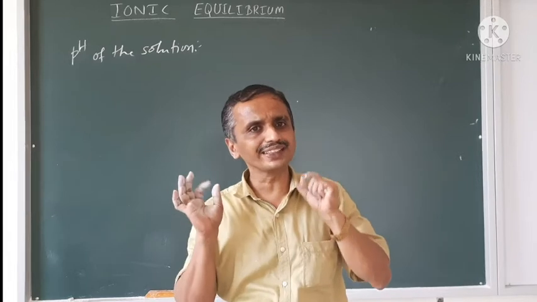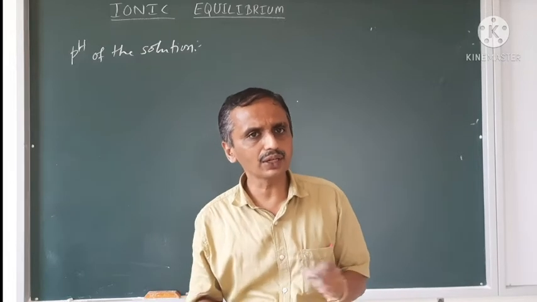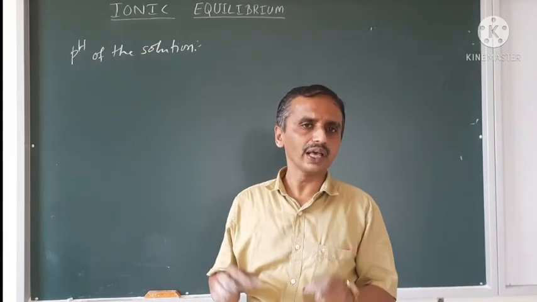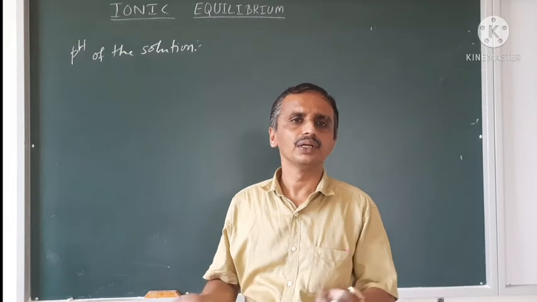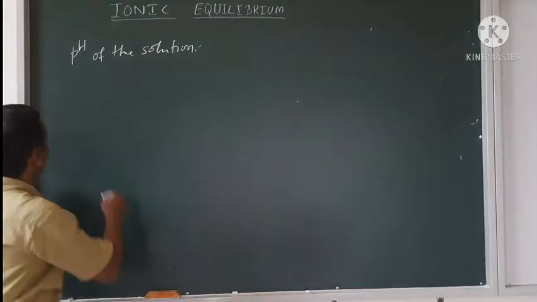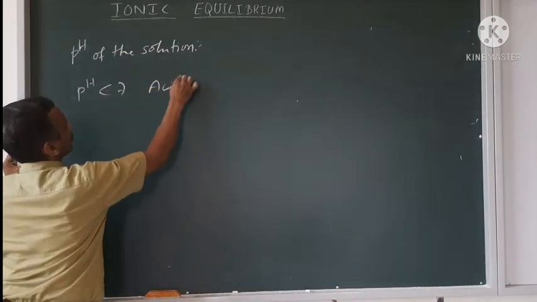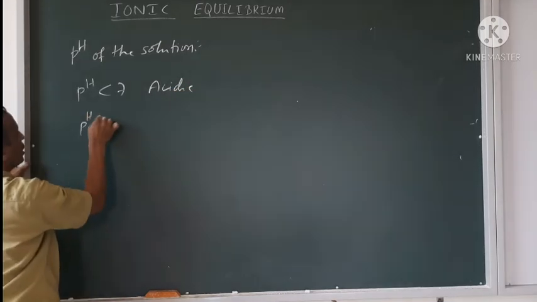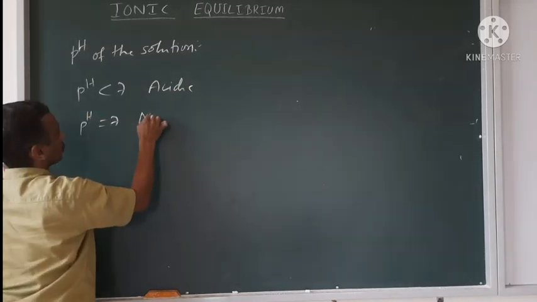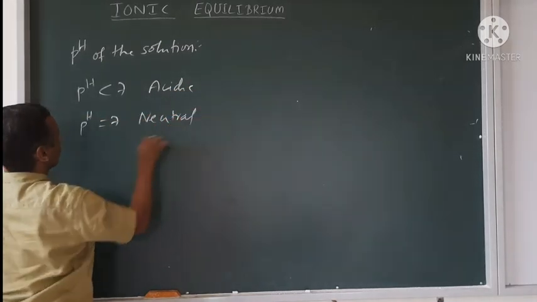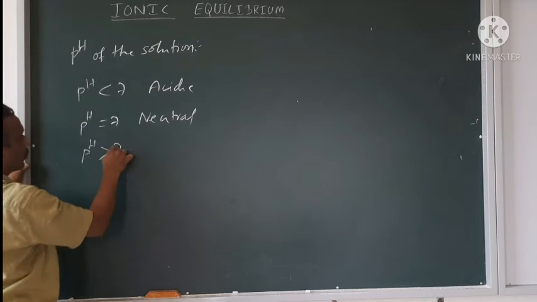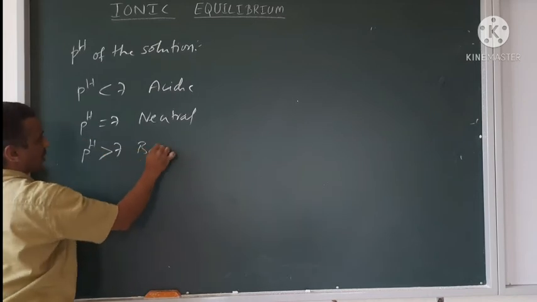If the pH is less than 7, what is it, acid or base? When the pH is less than 7, it is acidic. pH equal to 7, neutral. pH greater than 7, basic.